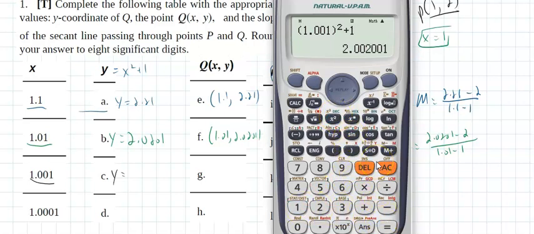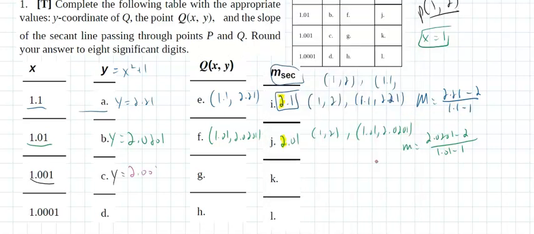And I'm getting 2.002001. So the point is 1.001, 2.002001. Again, I'm going to find the slope of the line, and it's going to be y2 minus y1 over x2 minus x1. And if I plug that in my calculator, what do I get?